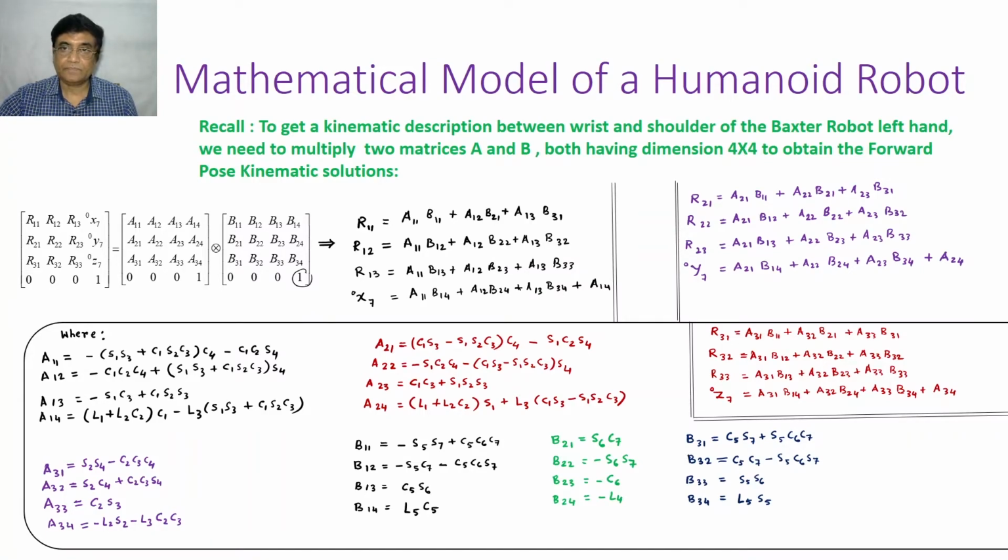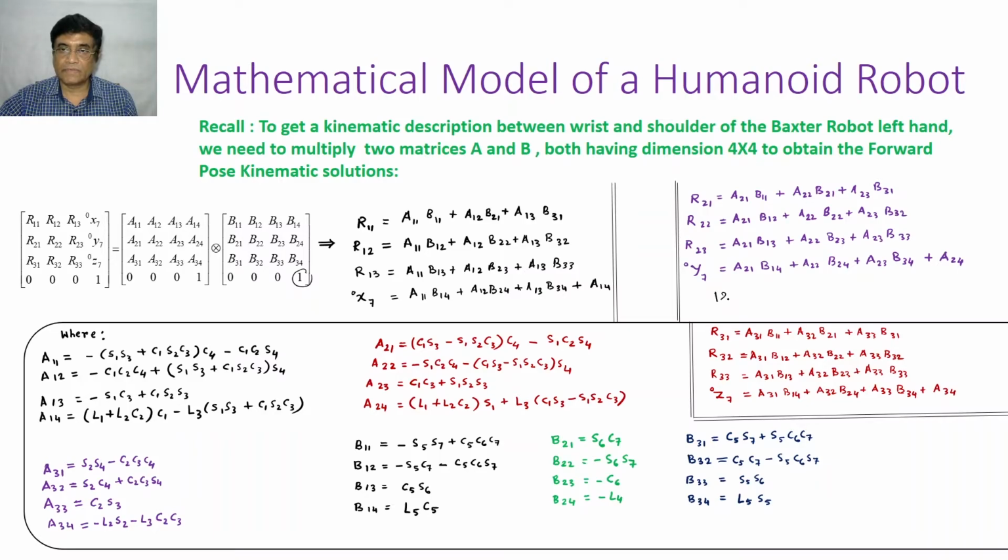And then we also have R31, R32, R33, and Z. So all these 12 elements, 1, 2, 3, 4, 5, 6, 7, 8, 9, 10, 11, 12. All these 12 elements, this 4, 4, 4.